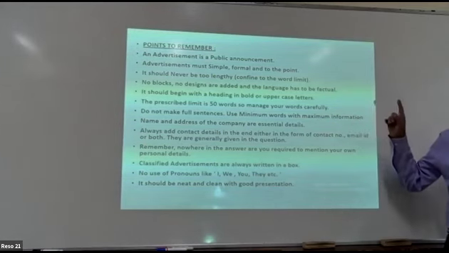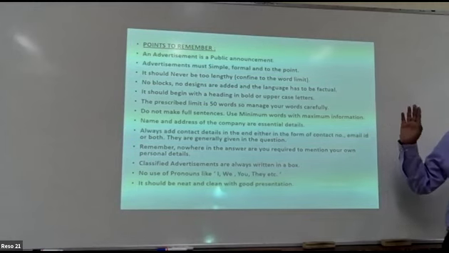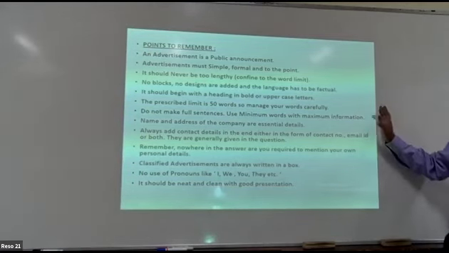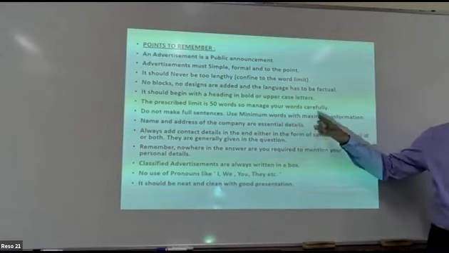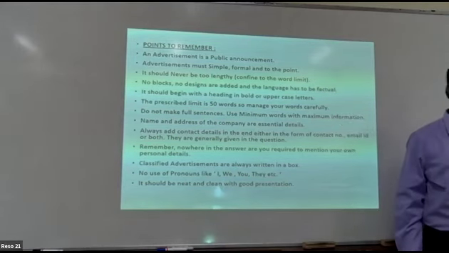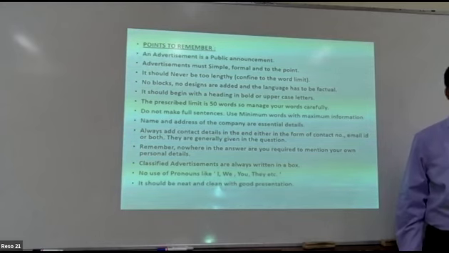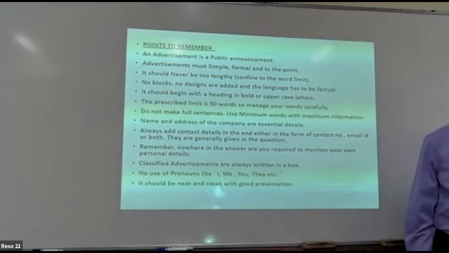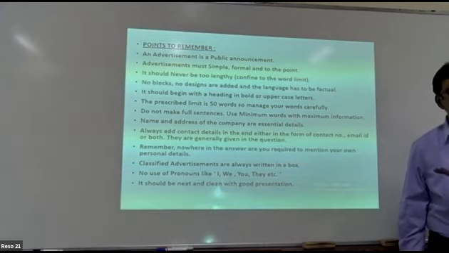Don't write complete or full sentences where advertisement is concerned. It should always be short and brief. Minimum words with maximum information. This thing you have to keep in mind. For example, there is one heading, situation vacant. Suppose you require a female receptionist. So don't say required a female receptionist who is a graduate and who has a good personality.